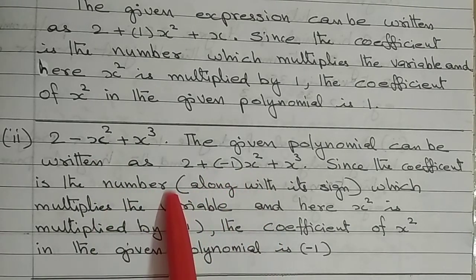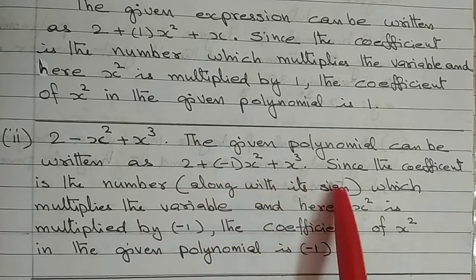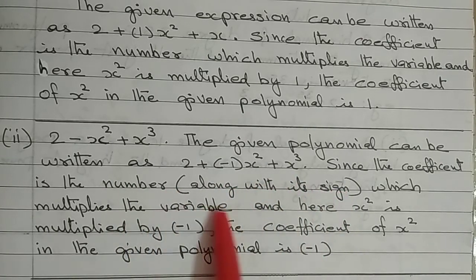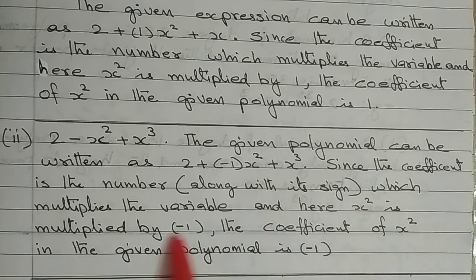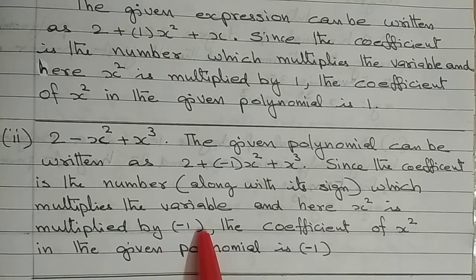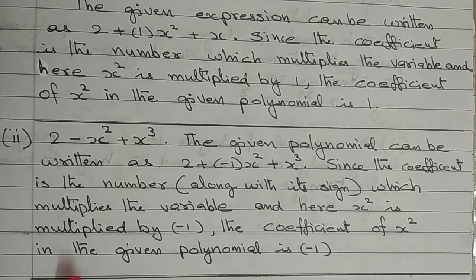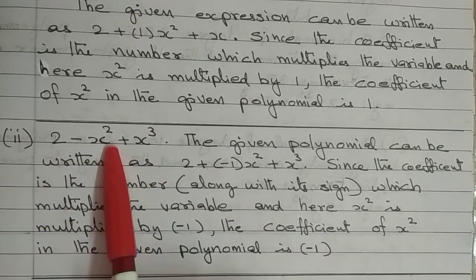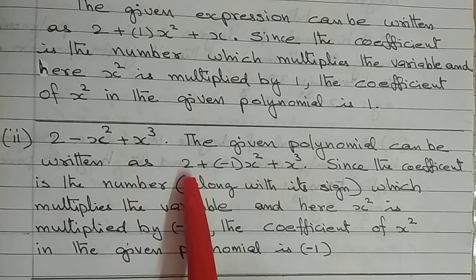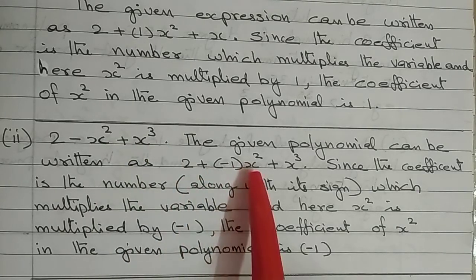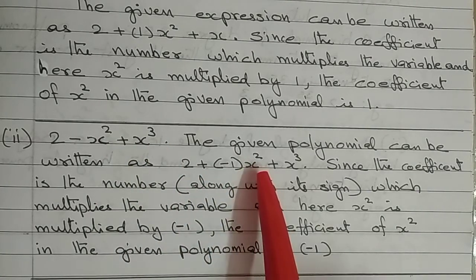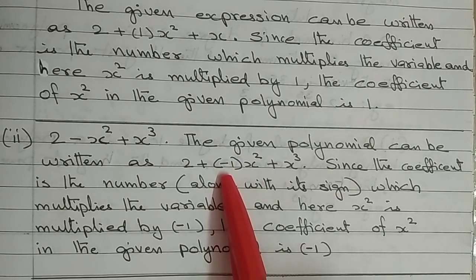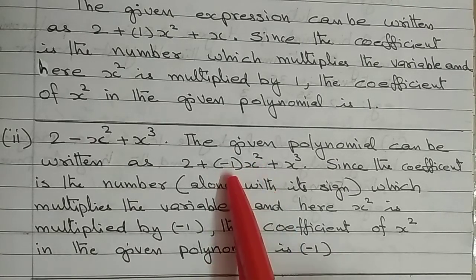Since the coefficient is the number along with the sign which multiplies the variable, and here x square is multiplied by minus 1, the coefficient of x squared in the given polynomial is minus 1.